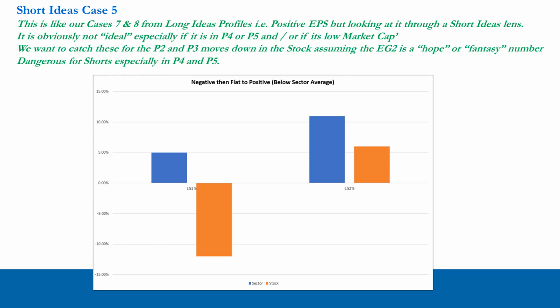And what really matters here, and this is how you have to look at everything when we're looking at these types of earnings growth profiles, what really matters here when we're shorting is what part of the X growth phase are we actually in. So are we early to the party or late to the party?